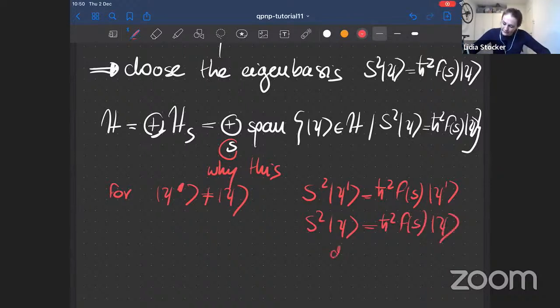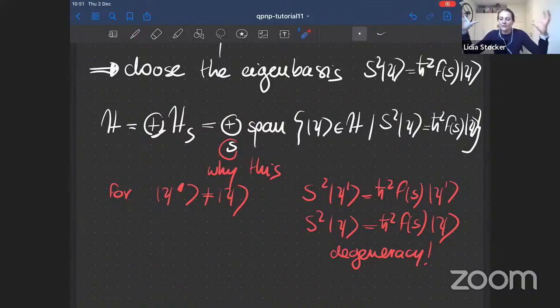So this is degeneracy. This sum accounts exactly for the cases in which we have degeneracy, and we group all of the states. As we will see later, this is also a very important step for the calculation.